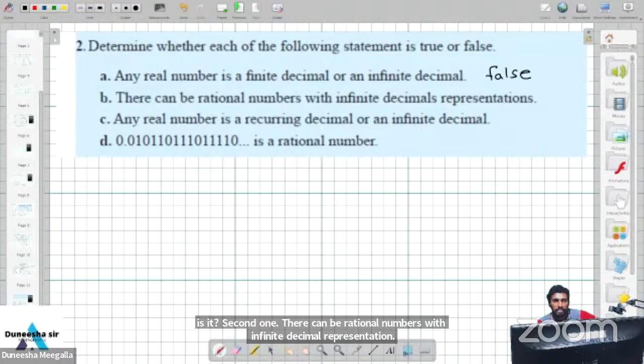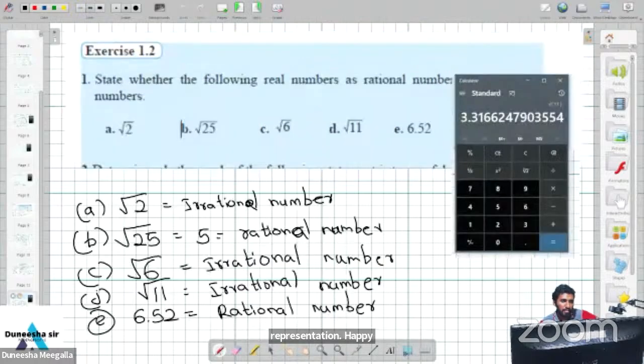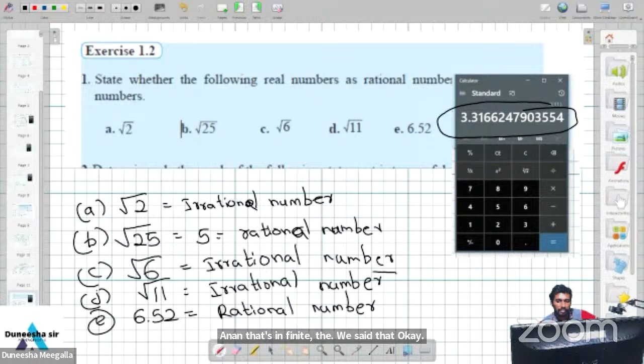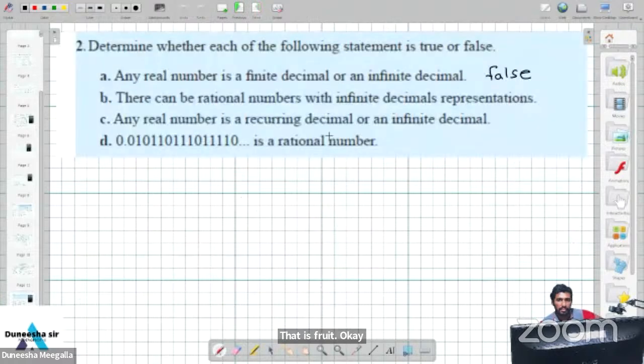What did we say earlier about numbers with an infinite decimal representation? Infinite decimal, non-terminating. Numbers like root 11 are irrational. So now, what does this say? There can be a rational number with an infinite decimal representation. Can a rational number have that? No, it's false. Okay.